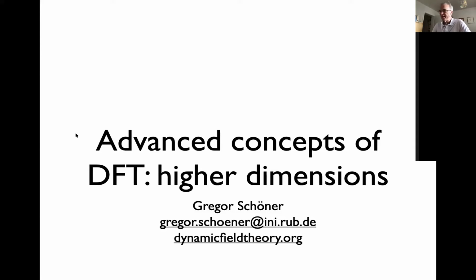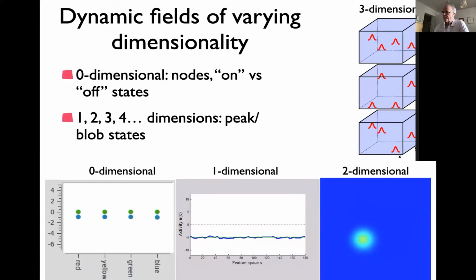So this is what I call advanced concepts of DFT, higher dimensions. So it goes toward cognition, but it's still very elementary in some other way. We already talked briefly about higher dimensions because I think someone asked in the early lectures about that, and I stated then that yes, we can look at fields in multiple dimensions, and in the CEDAR tutorial you played with that.